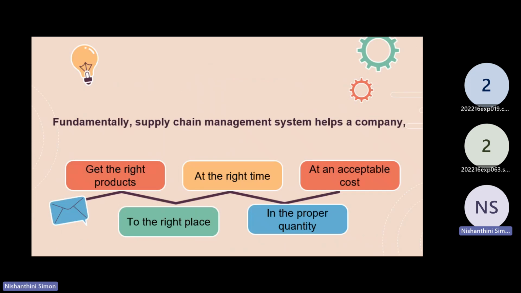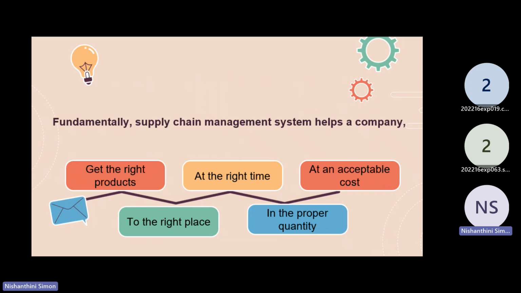So what we can say is, the supply chain management system will help us to get the right products to the right place at the right time, in the proper quantity and at an acceptable cost. This is the nutshell, the overall benefits if the organization is using this supply chain management system.